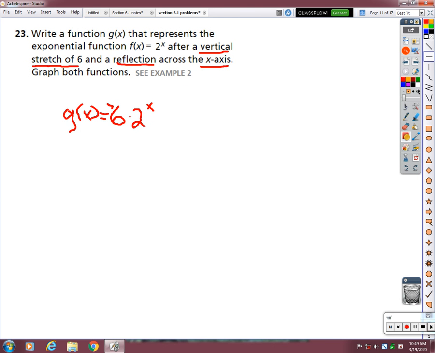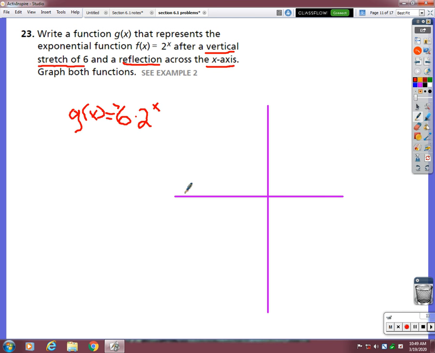Graph both functions. This would be where you guys would complain, do we have to do the graphs? Well, I don't really care. Okay, so our exponential function f of x equals 2 to the x crosses the y-axis at 1 and goes like that. And then if I'm reflecting it across the x-axis and stretching it by 6, we're going to look like this, but we're going to cross at negative 6, and we're going to be decreasing much faster.